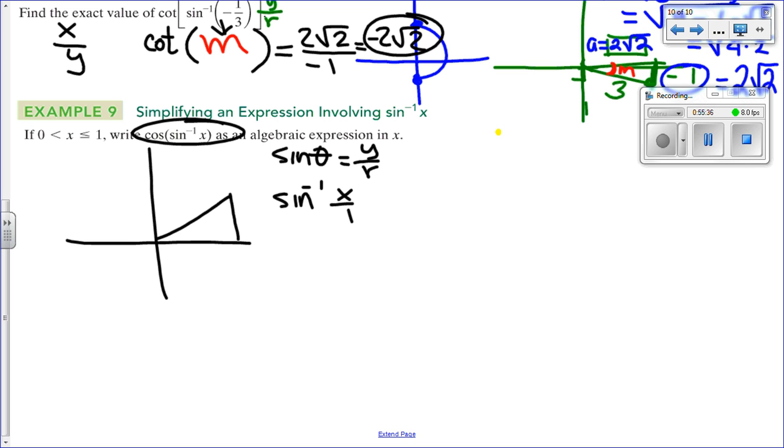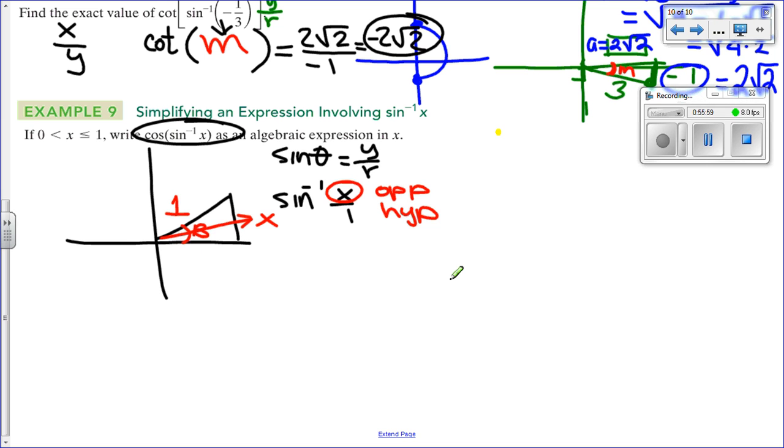So that means that the x is representing the opposite side and the 1 is the hypotenuse. So this is my angle. I'm going to call it beta. So my opposite side will be x, just like here. And my hypotenuse will be 1.